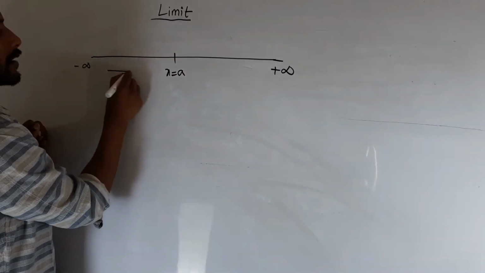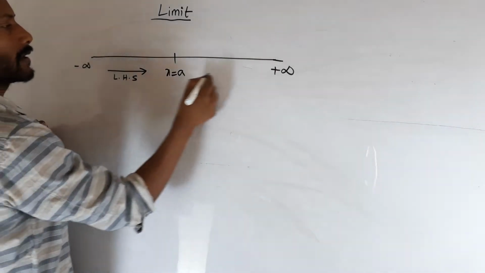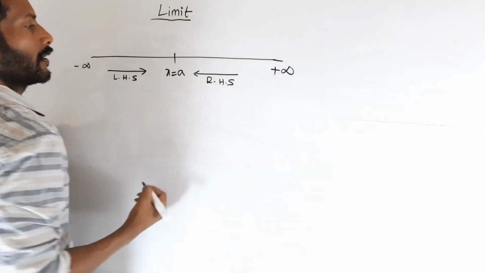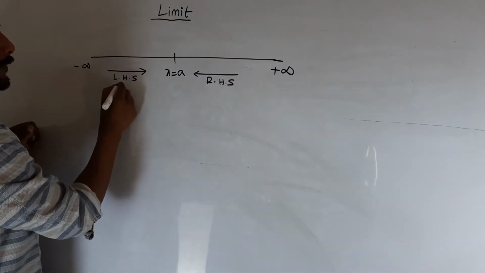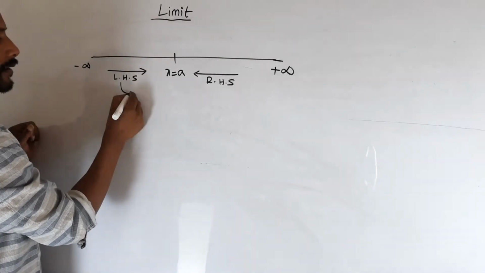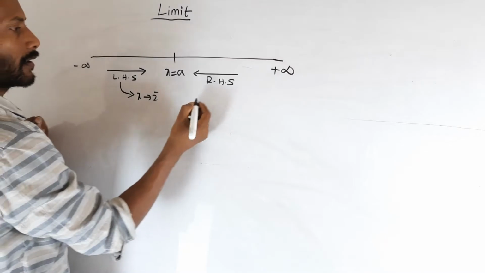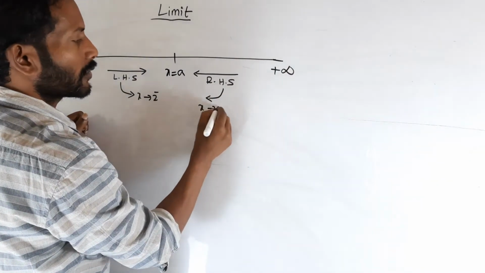This direction is called left hand side, and this direction is called right hand side. Left hand side direction is denoted x tends to 2 minus. Right hand side direction is denoted x tends to 2 plus.